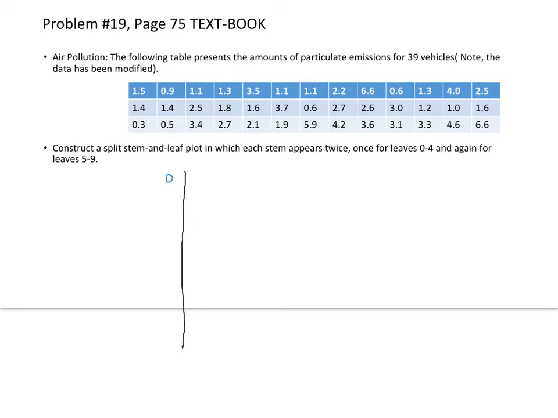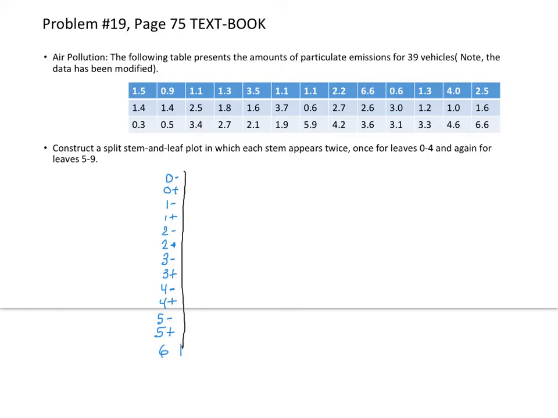We'll put 0 minus, 0 plus, 1 minus, 1 plus, 2 minus, 2 plus, 3 minus, 3 plus, 4 minus, 4 plus, 5 minus, 5 plus, and I'm just going to put 6 here at the bottom since there's not very many of those.